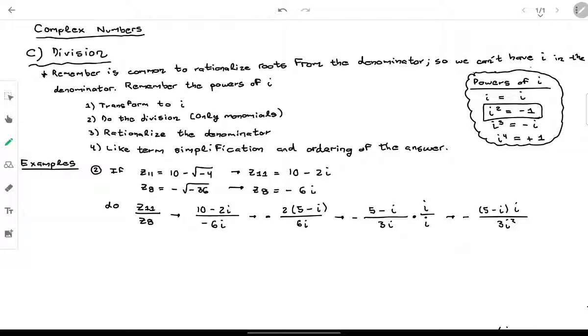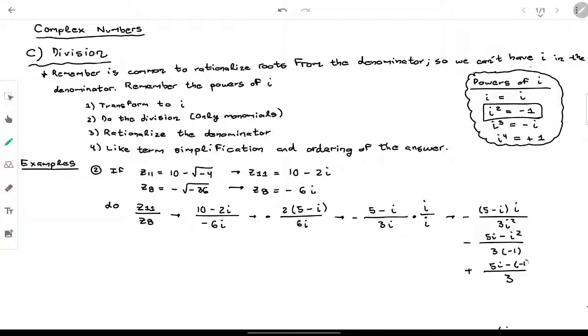So in this case, it's going to be minus 3 that multiplies minus 1, and it's going to be 5i minus i squared. This minus 1, we can change it to a plus, all of it divided by 3, and it's going to be 5i minus i squared.